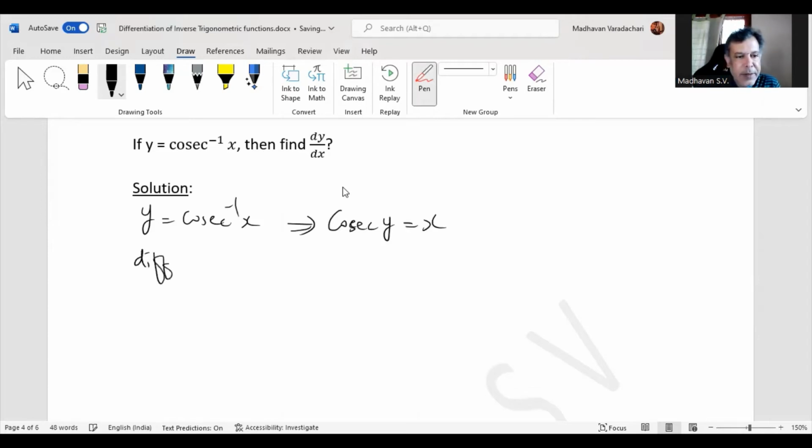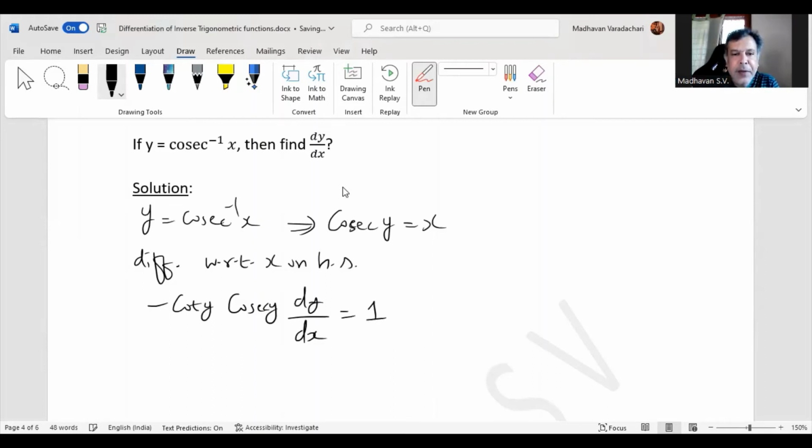Now, differentiating with respect to x on both sides, if I differentiate cosecant y, it will be minus cot y cosecant y dy by dx. That should be equated to 1, because if I differentiate x, it is 1, which means our dy by dx is 1 divided by negative cot y cosecant y.